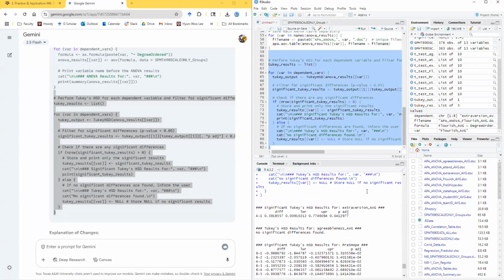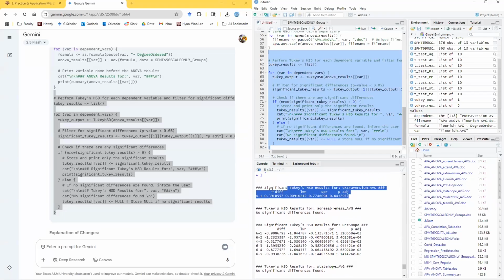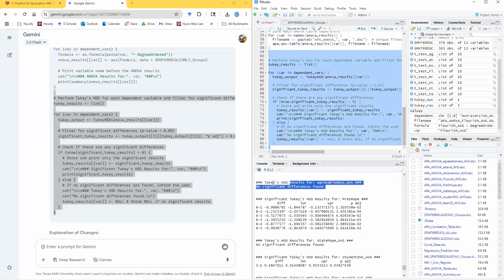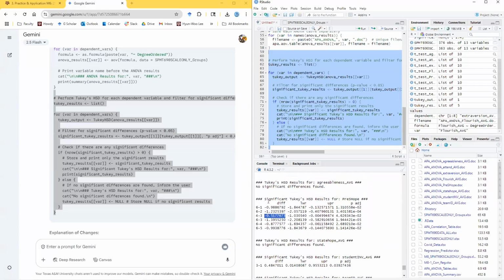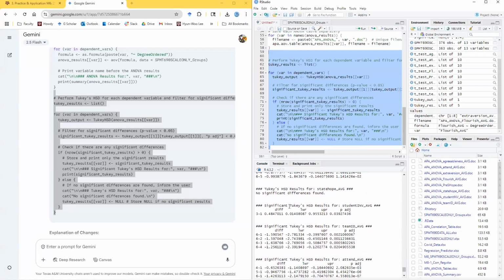So for extroversion, the only difference we found was between seniors and freshmen. We did not have any difference in terms of agreeableness. All PhDs had differences, and seniors had lower preseason hope than juniors. Nothing for state hope.